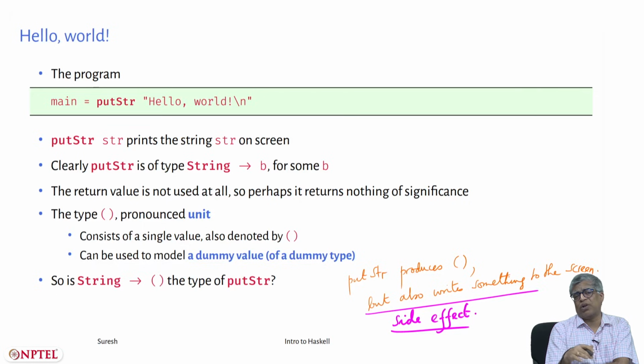We will see that Haskell tries to control the side effects, but for the moment, our question is what is the type of putStr? It can't just be String arrow unit because that ignores the fact that putStr is producing a side effect. So you need to take that into account.